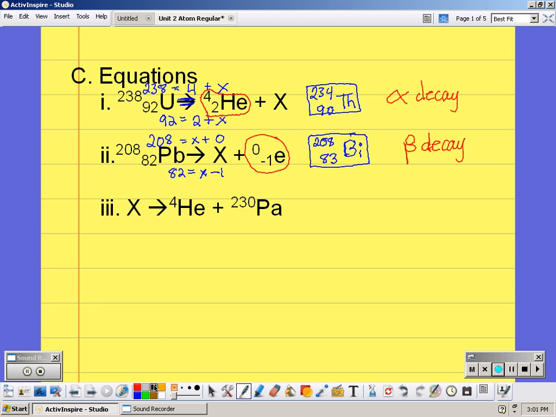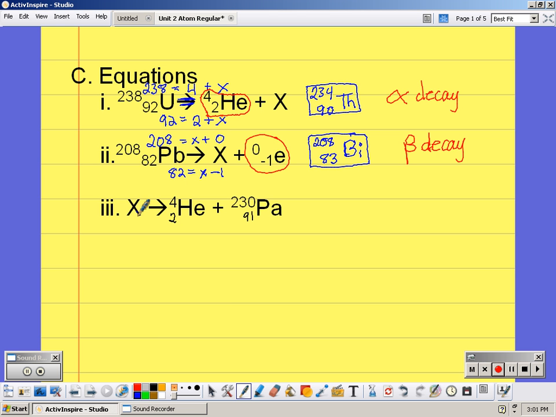Now in our third example, we're actually missing these numbers at the bottom, but hopefully you realize that those bottom numbers are the atomic numbers. So we can look on the periodic table and see that helium is element 2 and Pa is element 91.